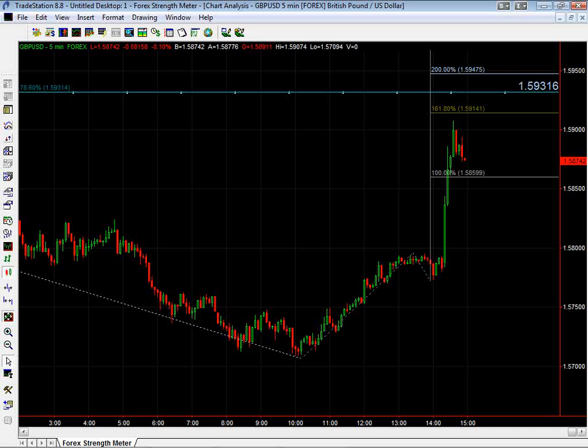So being a bit more aggressive, I have decided to go short at 1.5925 based on the 5-minute chart. But I do not look at just the 5-minute chart.